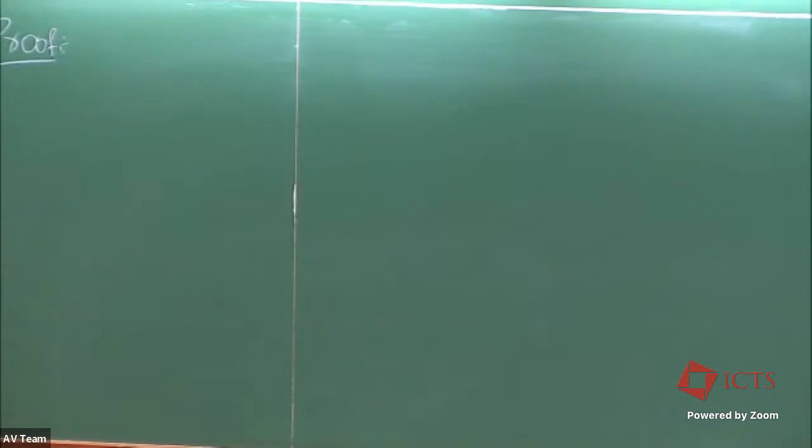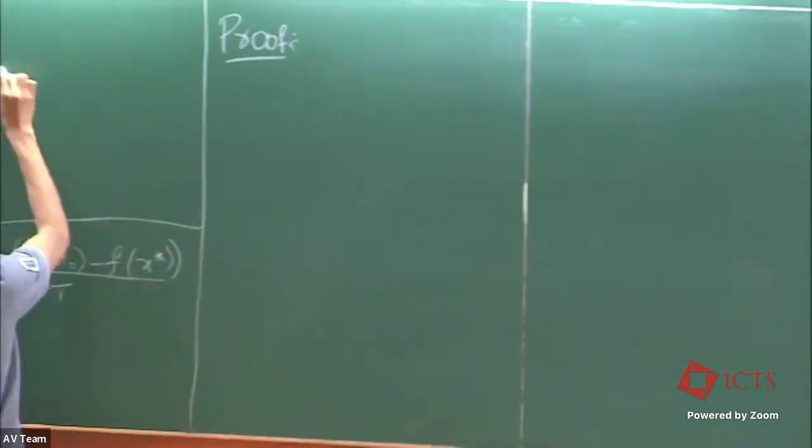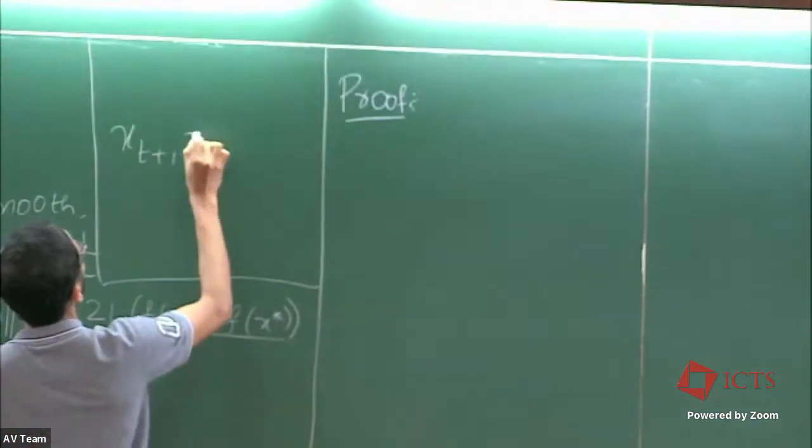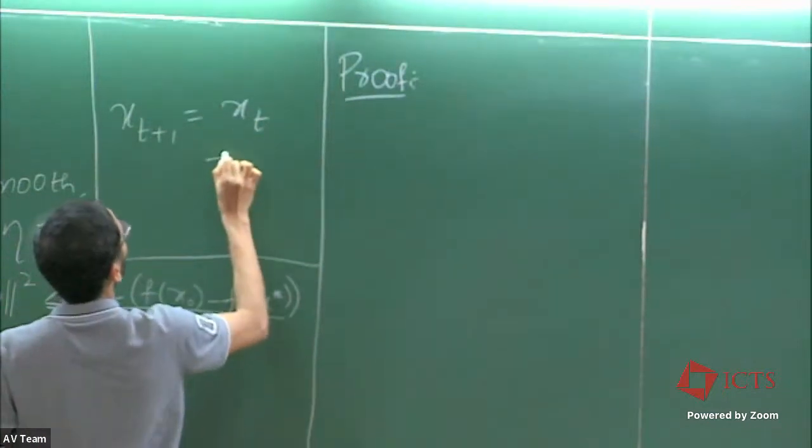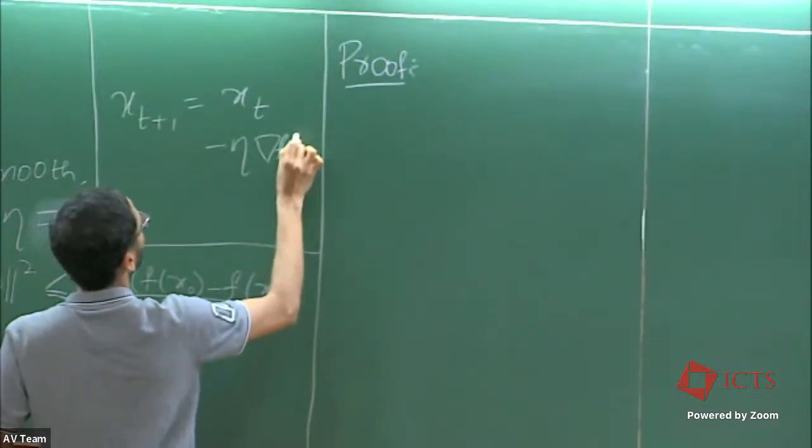So again, recall that gradient descent is just xt plus 1 is xt minus eta grad f of xt.